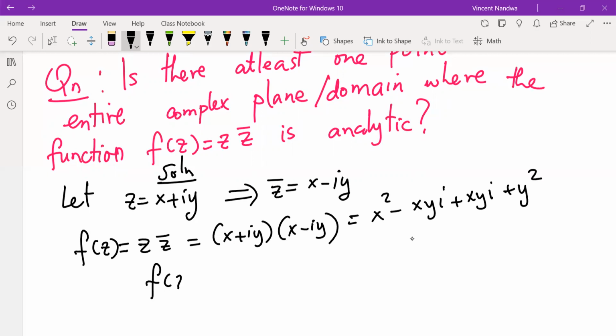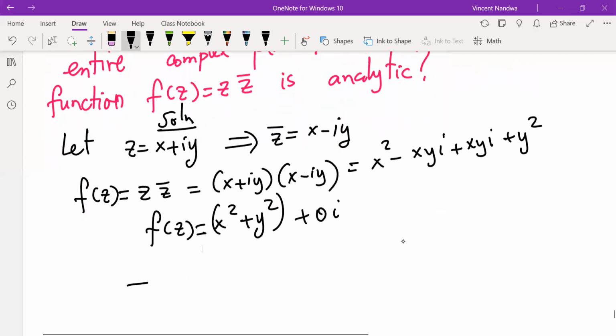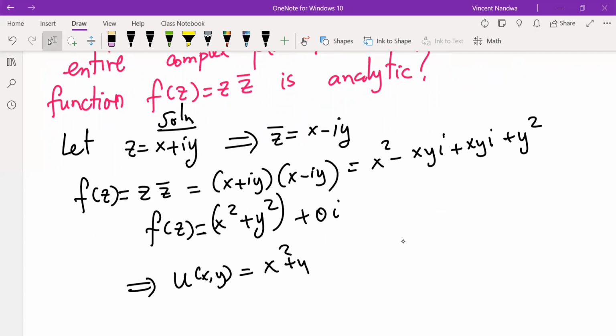So we'll have x squared plus y squared, plus 0i. So this means that u of xy, the real part of f of z, is x squared plus y squared, and the imaginary part is 0.